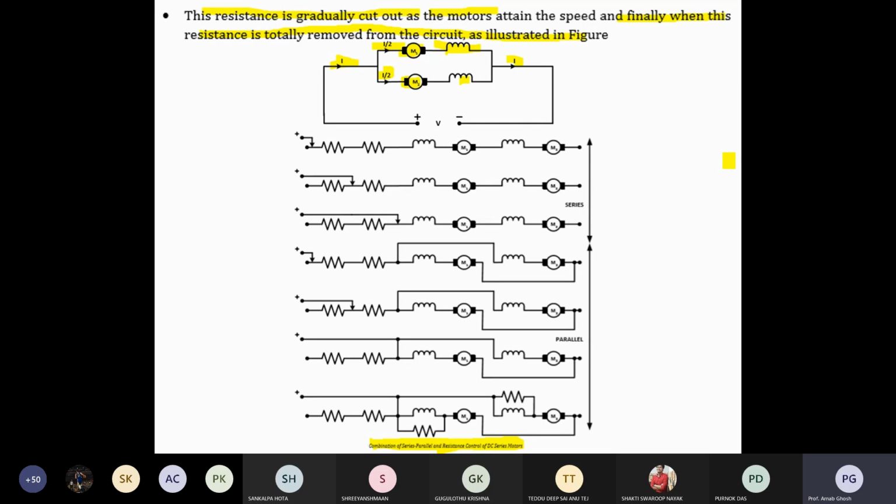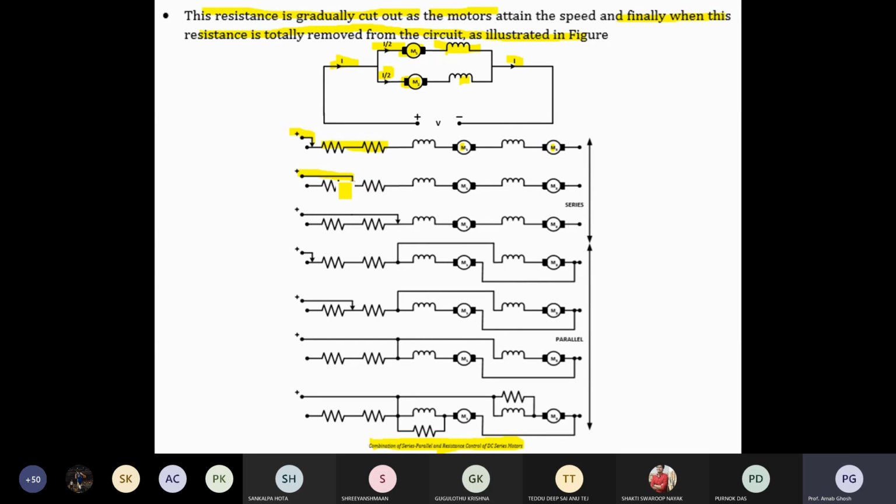First, in the first case you can see the total resistance is in series with your motor. One resistance is for motor 1, another resistance is for motor 2. Now we shift the slider from one resistance to the next, so you bypass it.